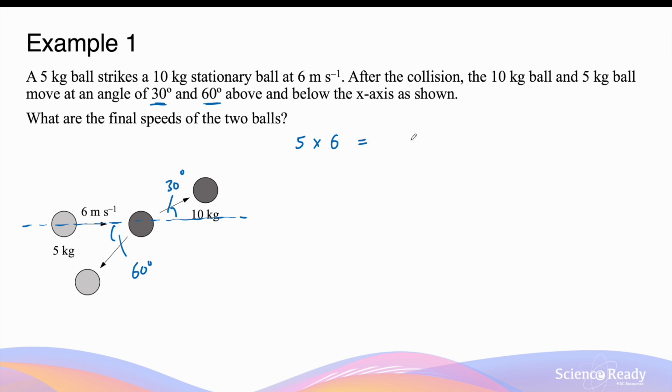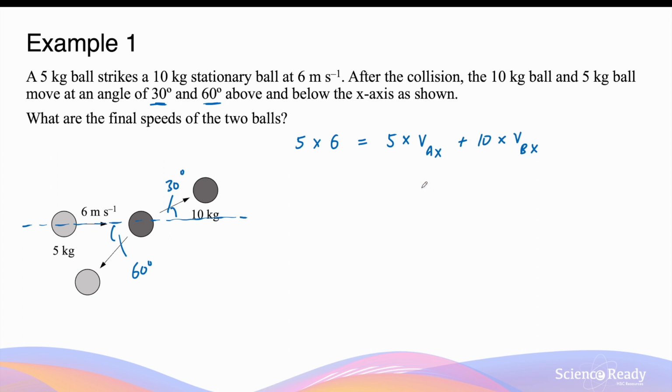And this is equal to the mass of the 5 kg ball multiplied by its velocity, let's call that Vax, in the horizontal direction, plus the 10 kg ball multiplied by its velocity in the x direction, let's call that Vbx. So in the equation, I've used Va to represent the 5 kg ball and Vb to represent the 10 kg ball, and I've added a little x to denote that this is a horizontal velocity in the x direction.